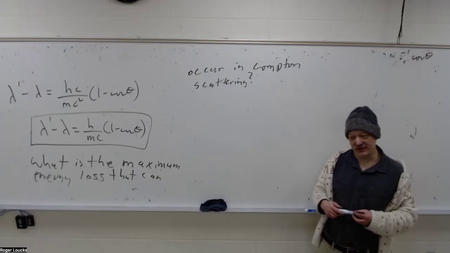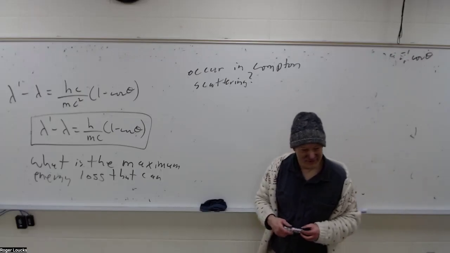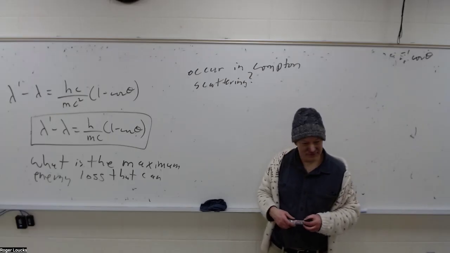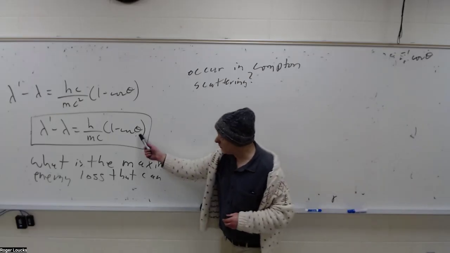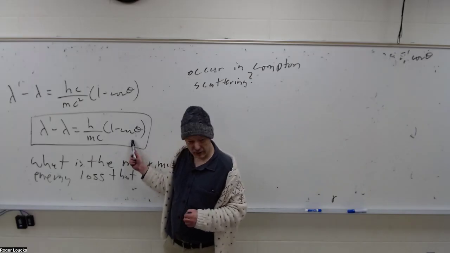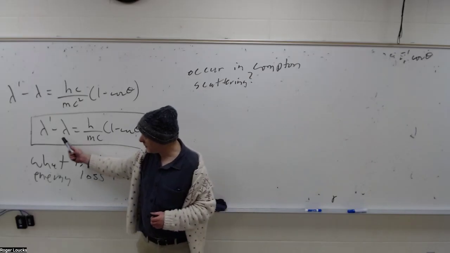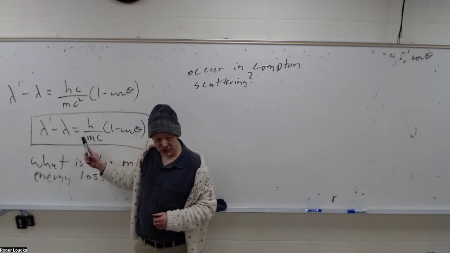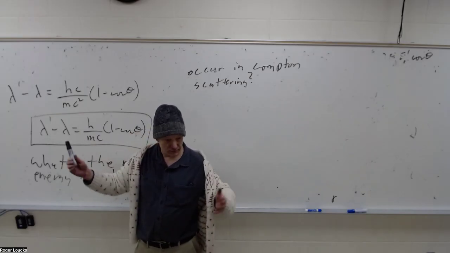What would theta have to be? If theta equals 0 here, what's cosine of 0? 1. What is 1 minus 1? 0. Lambda prime minus lambda equals 0, that means no energy loss.